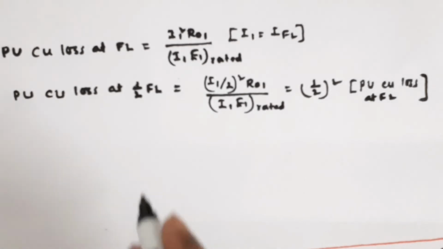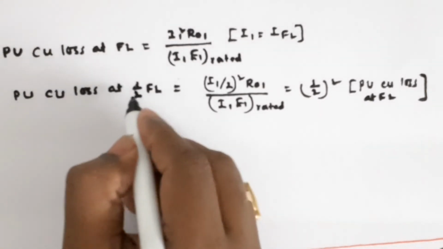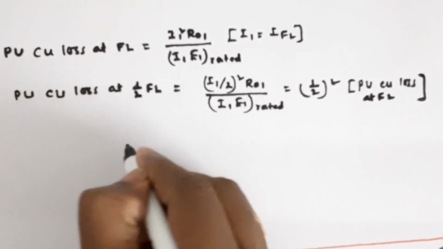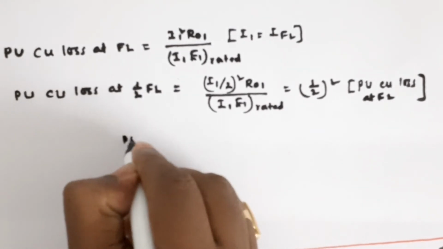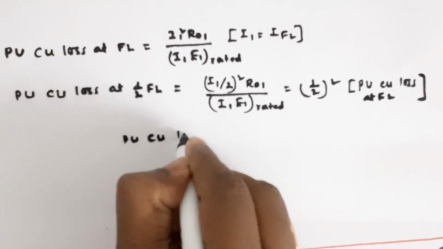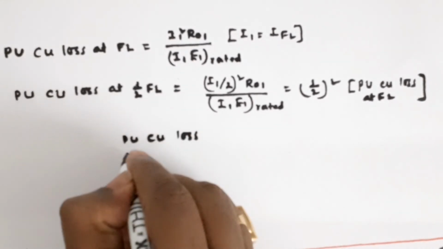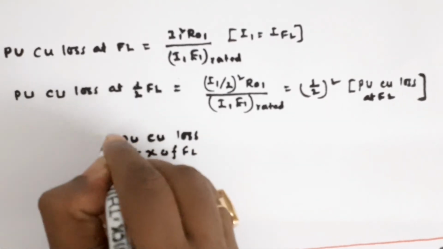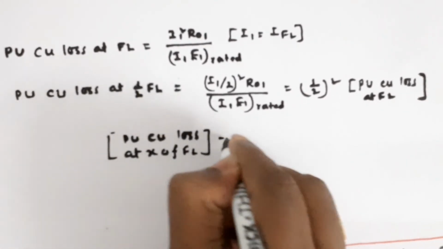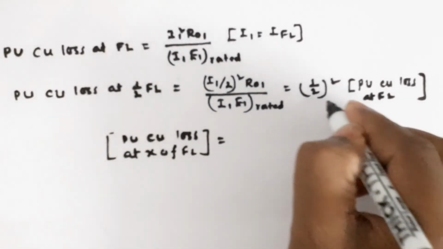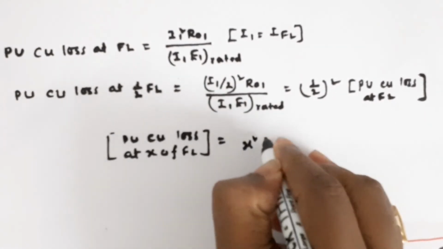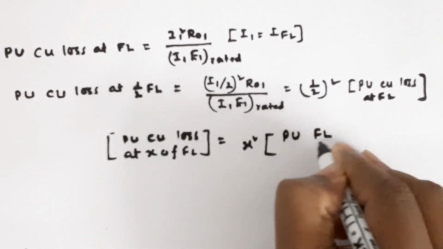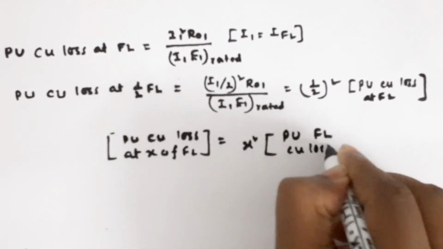Therefore, we can say the per unit copper loss at X of full load is given by X square into per unit full load copper loss.